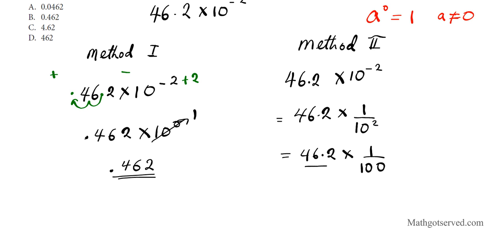So now I'm going to put this over 1 and multiply across numerator and denominator. So I'm going to have 46.2 in the numerator over 100. Now the goal here again, just like we did before in the previous problem, question number 12, was if I can get the denominator to be 1, then I can just drop it, right? So how do I get the denominator to become 1? This is 100.